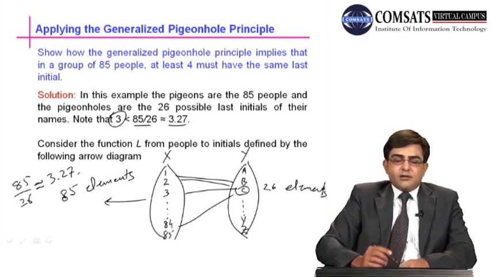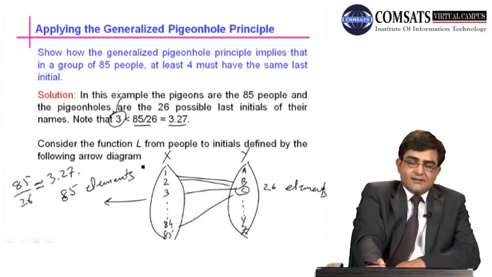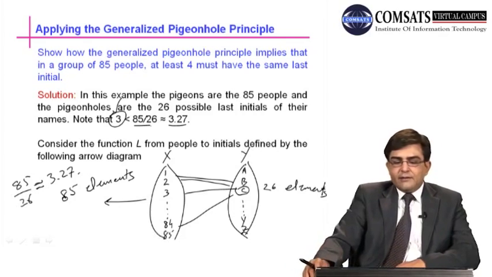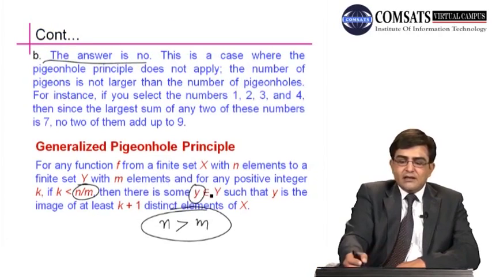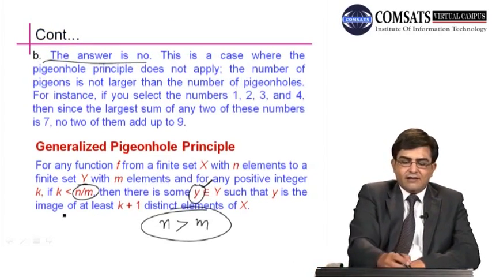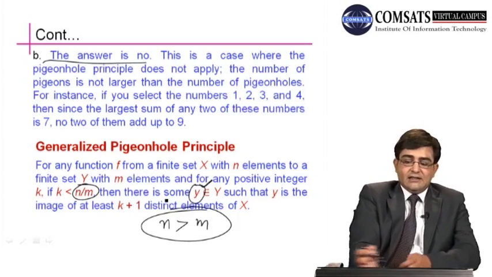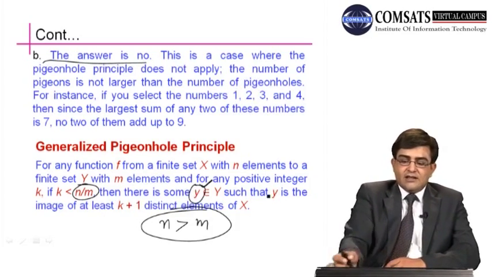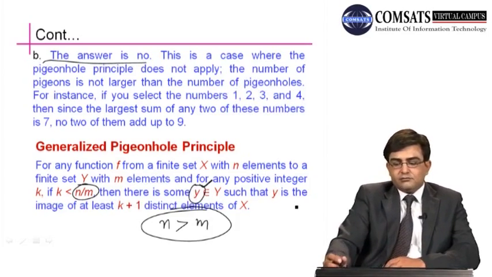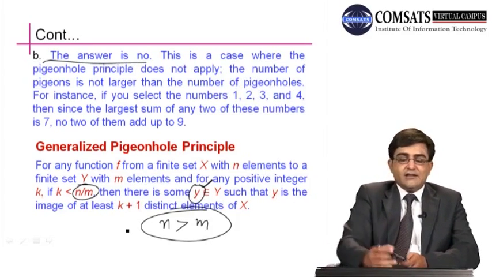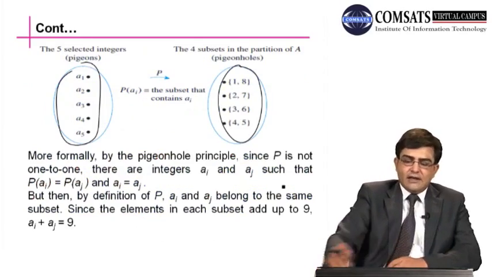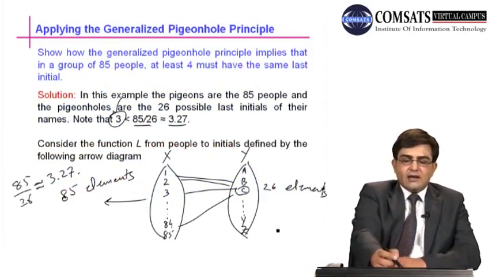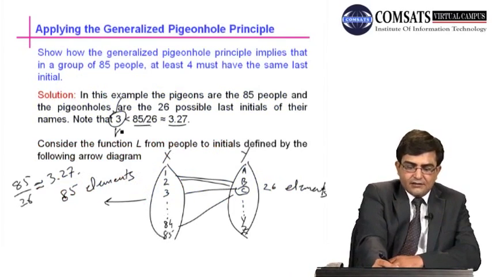So by using the pigeonhole principle, this k exists, and the principle says that there must be some element y in Y such that y is the image of at least k plus 1 distinct elements of X. Here k is basically 3.